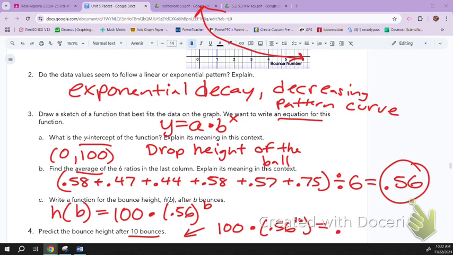Point 0.3 centimeters. Any questions about this application of decay?